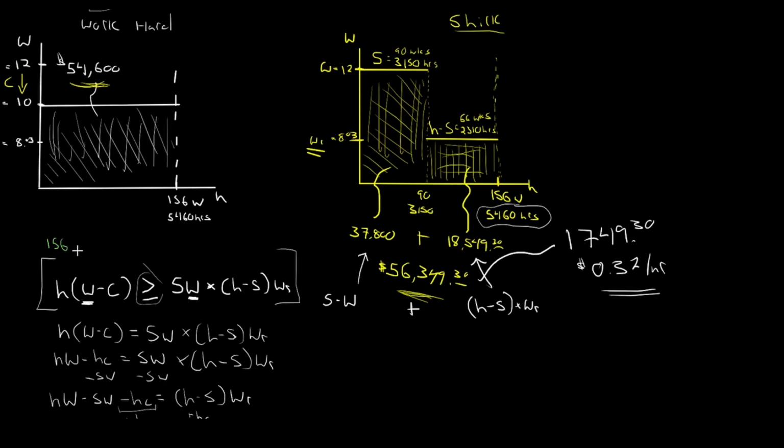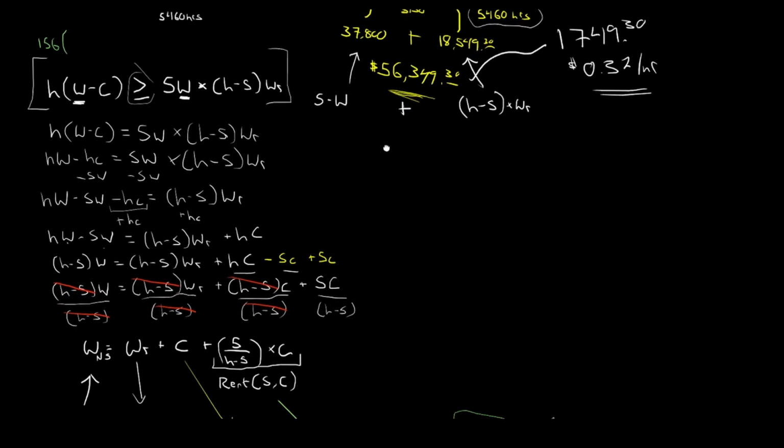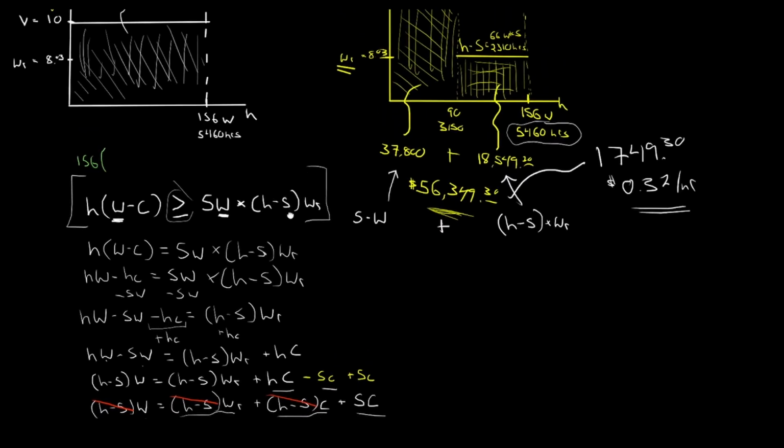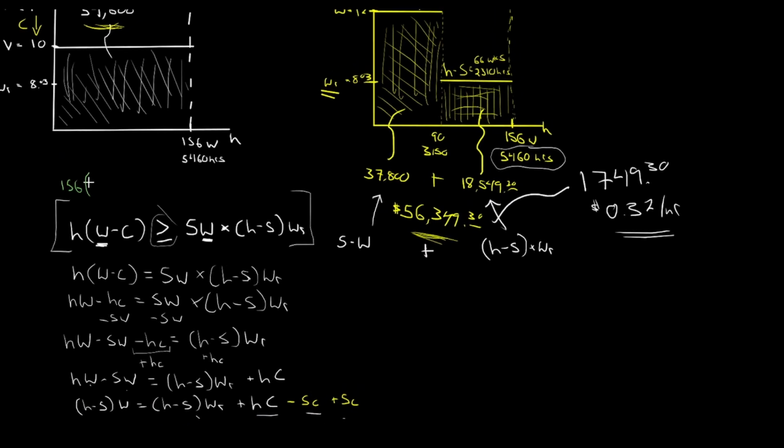H, 156. I'm just going to use weeks because they're smaller numbers. What was that non-shirking wage? We said $12.76 an hour, but $446.50 per week. So 446.50 minus the cost.